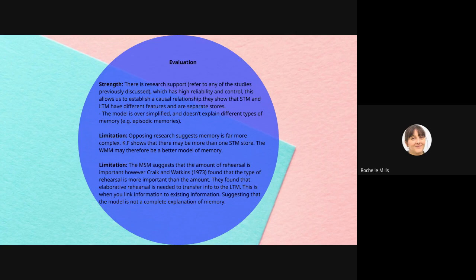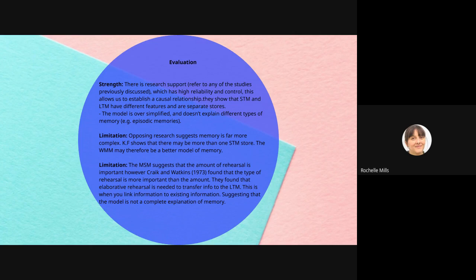So this suggests that the model is not a complete explanation of memory, because it doesn't explain how we can have these snapshot memories that occur, these episodic memories. It doesn't explain these types of memory because it doesn't go into the detail of long-term memory.